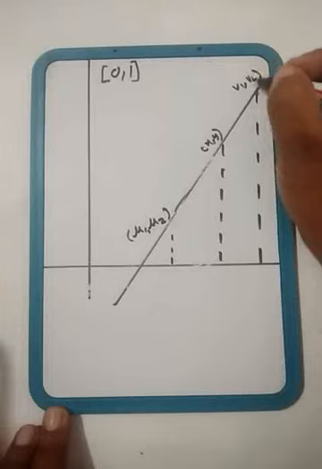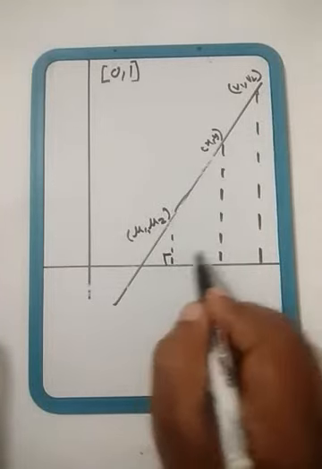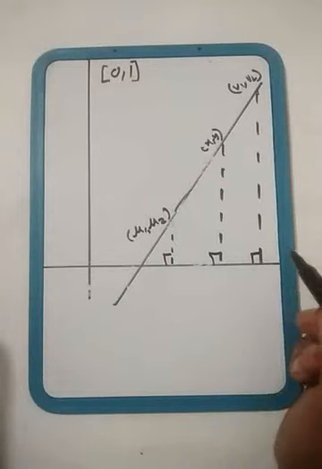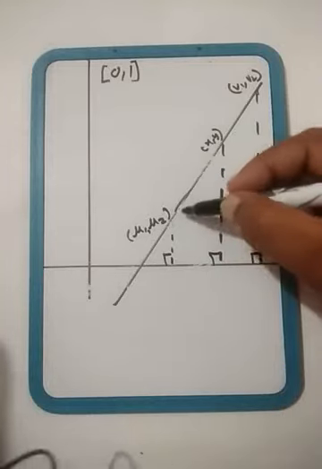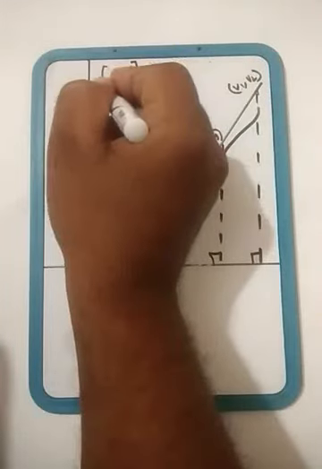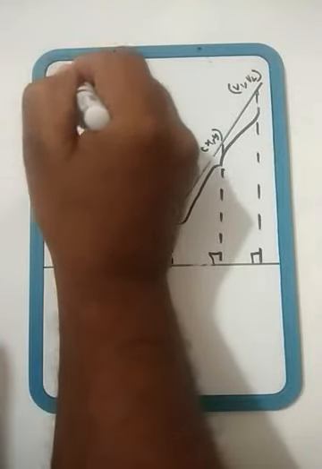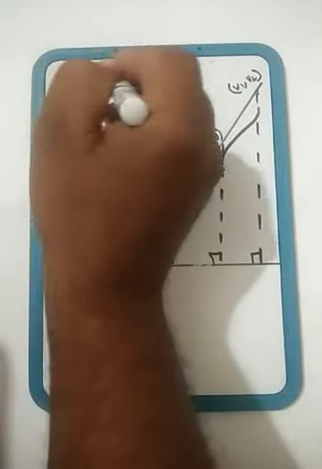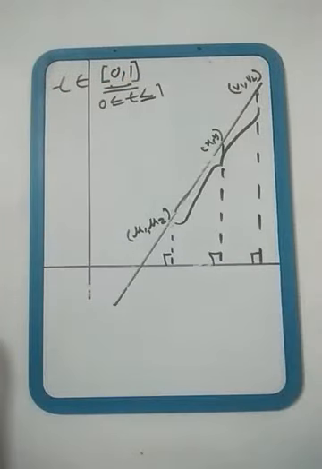Okay, this is this line. This is 90 degree. This is 90 degree. This is 90 degree. Okay. What we are interested in is that in this segment we want to map this 0, 1 interval. Okay. We'll call this thing as a t belonging to this interval. So 0 less than equal to t less than equal to 1.